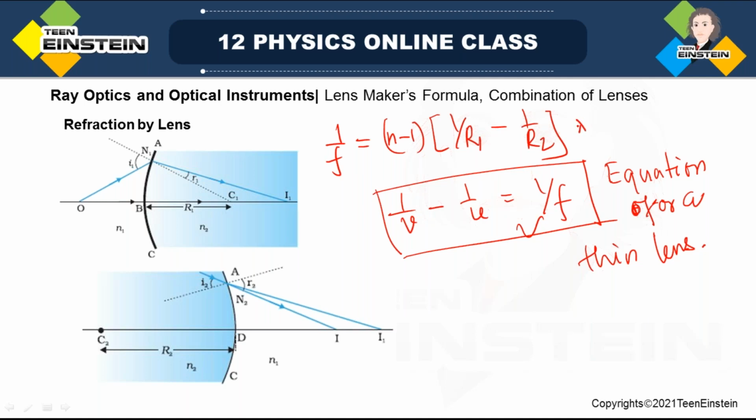Now we can use this formula to solve an important problem frequently asked in various competitive exams. Before I go to that problem, I'll tell you a few things about this Lensmaker's formula. This formula is applicable for convex.